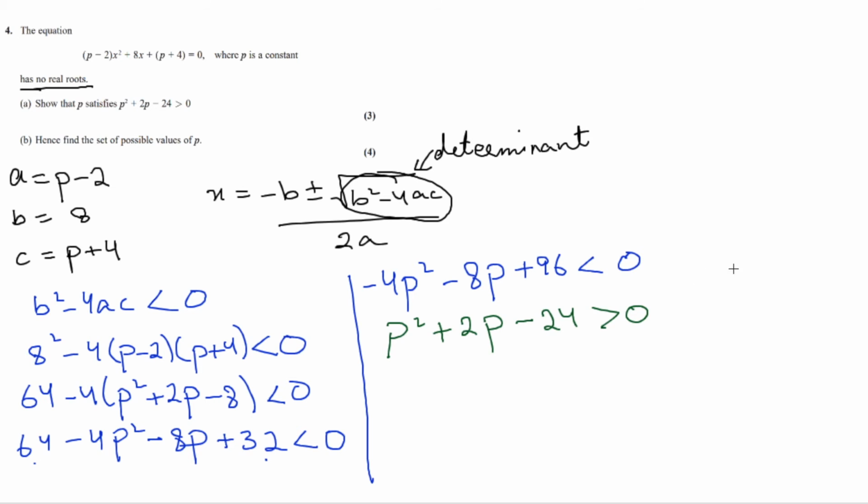Because 4 is a common factor, we divide by 4 and get p squared plus 2p minus 24. We can flip it to write the expression on the left side and the 0 on the right, so this expression is greater than 0. Okay, I hope it's clear.